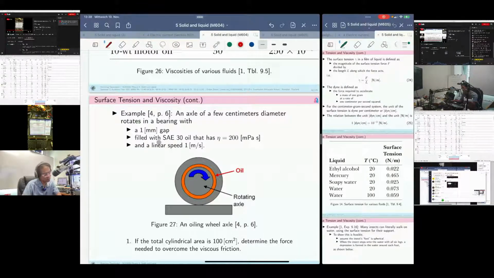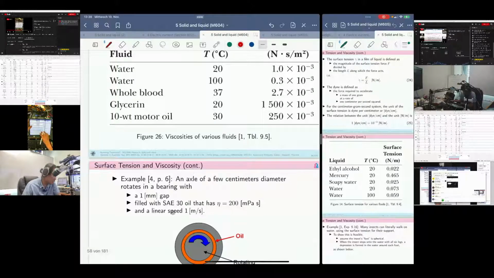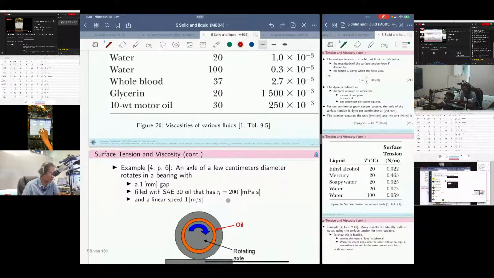SAE is the Society of Automotive Engineers, which deals with automotive engineering in the United States. 30 is the code of the viscosity controlled by this society. They say SAE30 oil. Doesn't matter if you don't understand it.